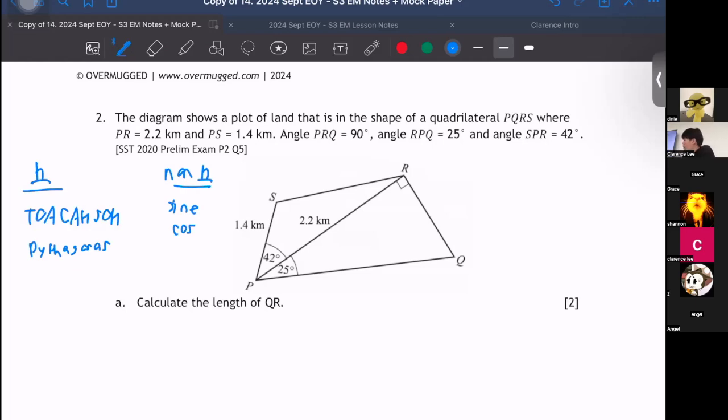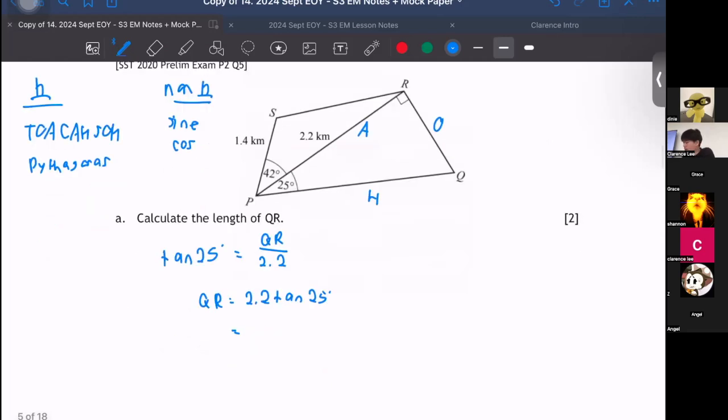So now we're looking for QR, which is in a right angle triangle. So what we'll use is SOH CAH TOA. You have angle 25, opposite, adjacent, hypotenuse. So therefore, you are looking for O, you have A, it will be tangent 25. So tangent 25 is equals to QR over 2.2, which means QR will just be equals to 2.2 tangent 25 degrees.